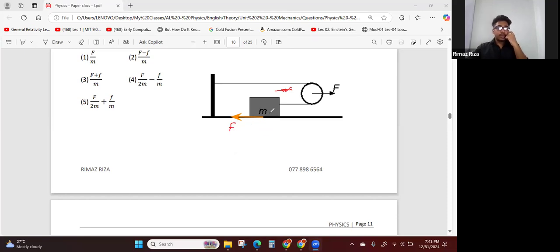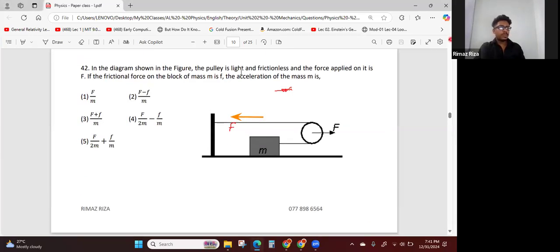Okay. So let's try to get the answer for this. First I'll mark the tension in the string. Okay, so we can see it's a light string, and also the pulley is smooth. The pulley is light and frictionless.